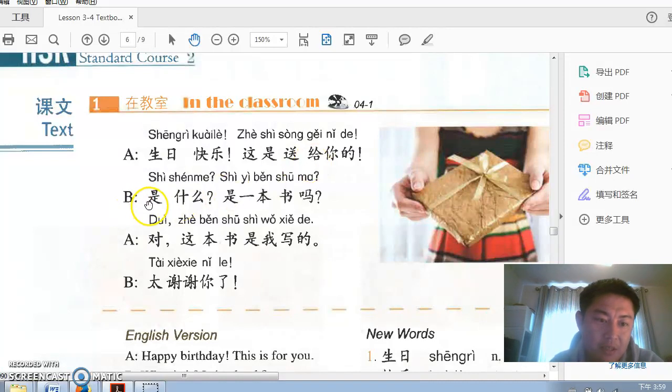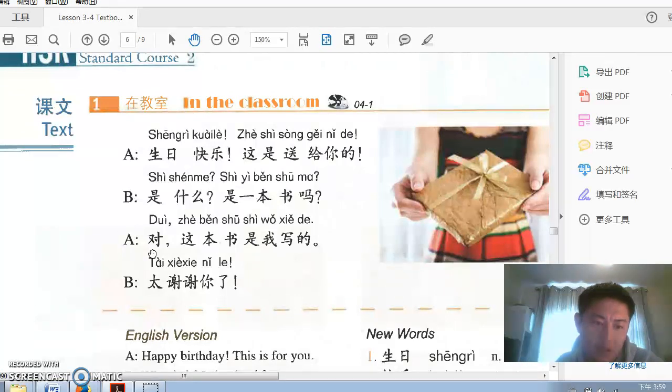Right? And then B says 是什么, is what? This is what? Or the gift is what? 是一本书吗? 本 is the measure word for 书, book. A says 对, which on its own means correct, right, 对 is the same as 是.